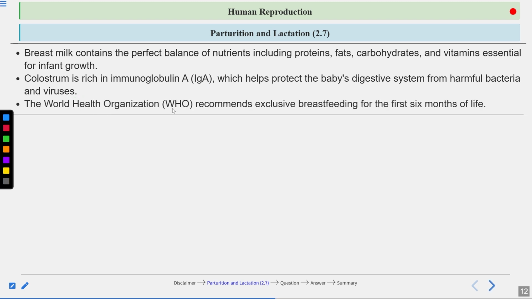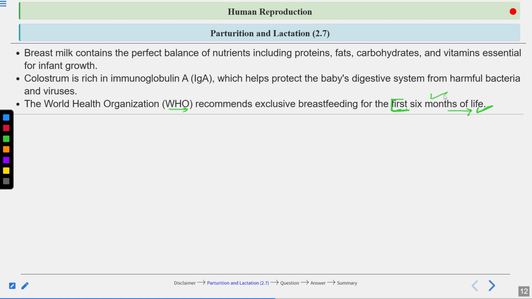The World Health Organization recommends exclusive breastfeeding for the first 6 months of life. First 6 months. So the mother has to feed the newborn for at least 6 months. The first 6 months is very important for the health of the child. And slowly the composition of the milk also changes.